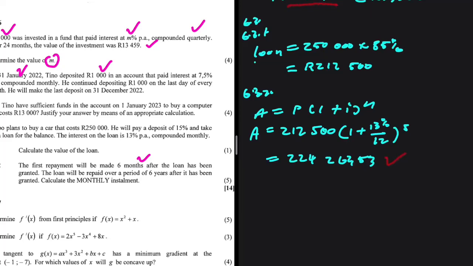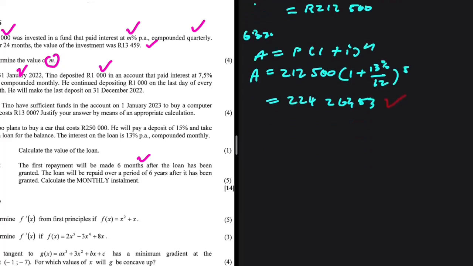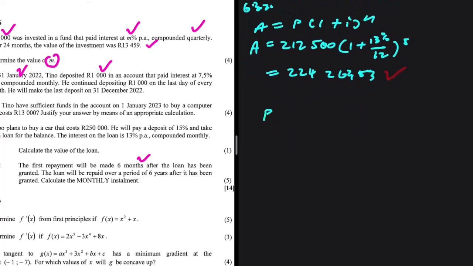Let's go ahead and compute the next part of our problem. We know fully well that when we are repaying a loan, we use P equal to x multiplied by 1 minus (1 plus the interest) to the power minus n, everything divided by i.